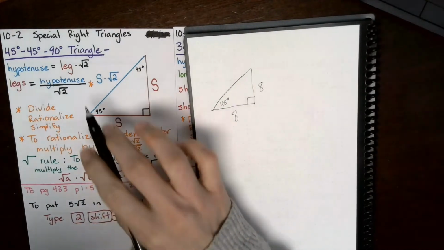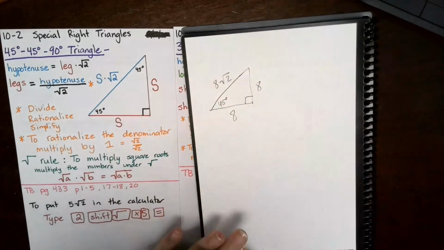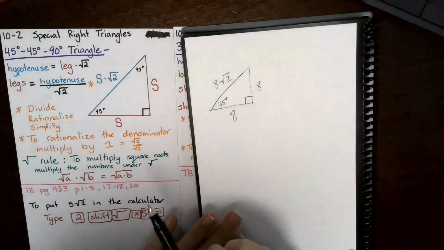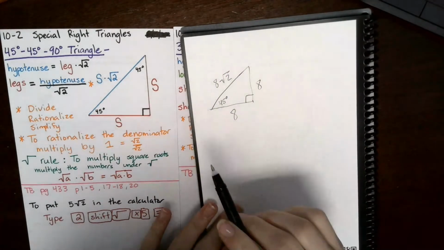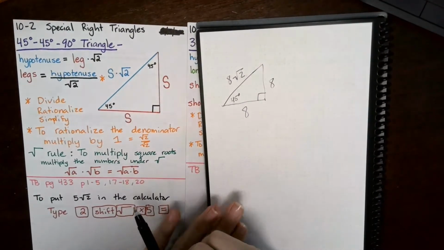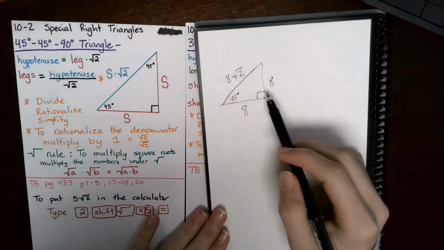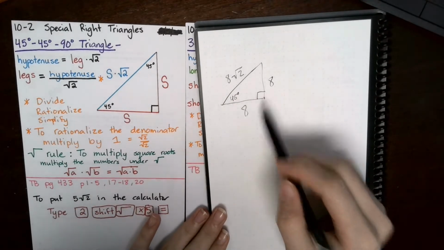No matter what, I'm going to end up with just 8 square root 2 here. Now I could do that instead of going through all the steps of doing the Pythagorean theorem here, which is really incredible. Okay, so the hypotenuse is just the leg times the square root of 2. So whatever the leg is, both legs are the same, times the square root of 2.